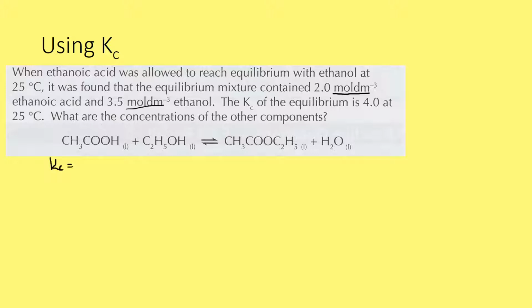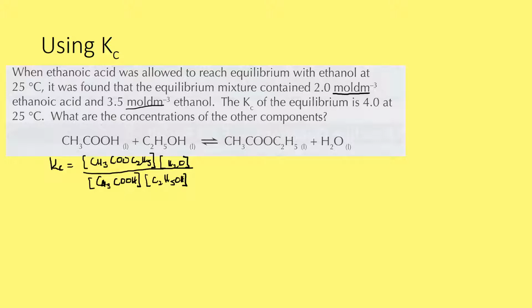Kc is going to be the concentrations in square brackets as usual of the ester times the concentration of the water, all divided by the concentration of the acid times the concentration of the alcohol.